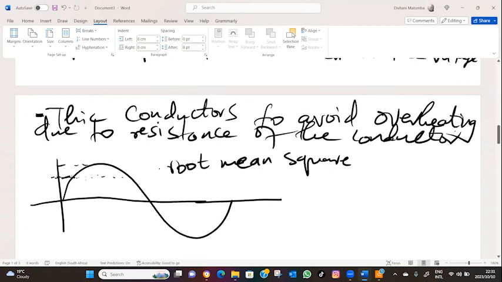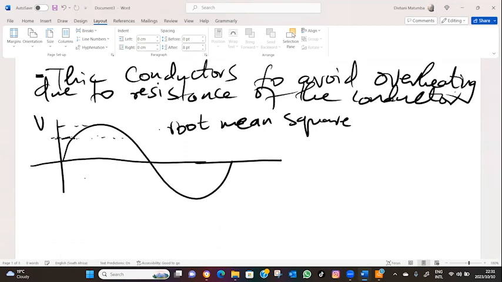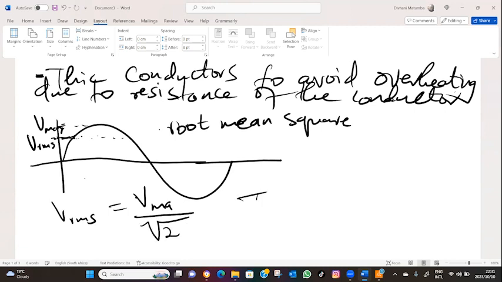Let's say if that's your V max, this is your V root mean square. So your V root mean square is given by V max over the square root of 2. Same thing with current: I max divided by the square root of 2.